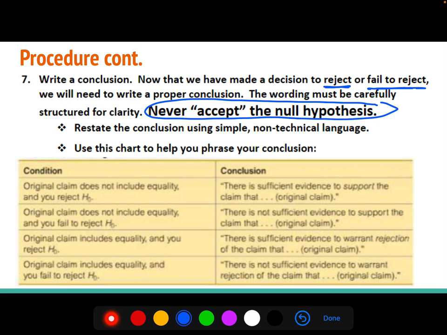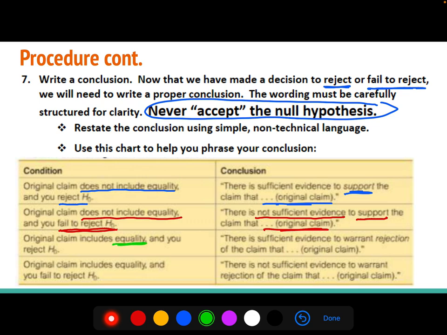If your original claim does not include equality and you reject H naught, then there is sufficient evidence to support the claim, and then you put your original claim. If your original claim does not include equality, but you fail to reject the null, then there is not sufficient evidence to support, and then you put your claim.